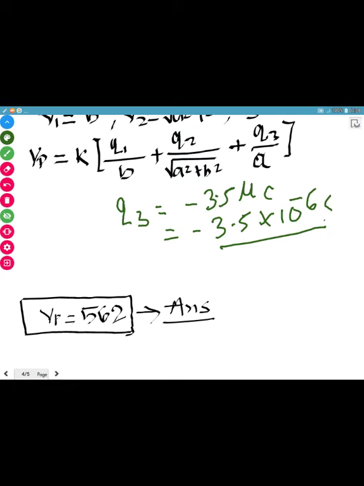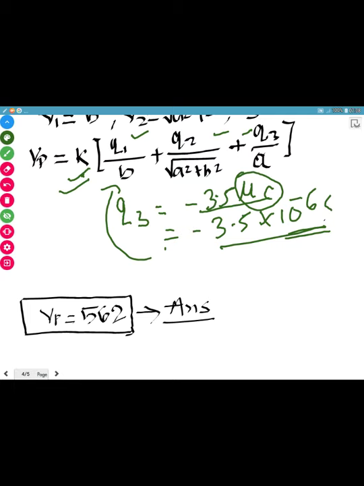If we put all the values here, with K equal to 9 into 10 to the power 9, and Q1, Q2, Q3, because they are given in microcoulomb we have to convert into coulomb, so they become 1.5, 2.5, 3.5 into 10 to the power minus 6.